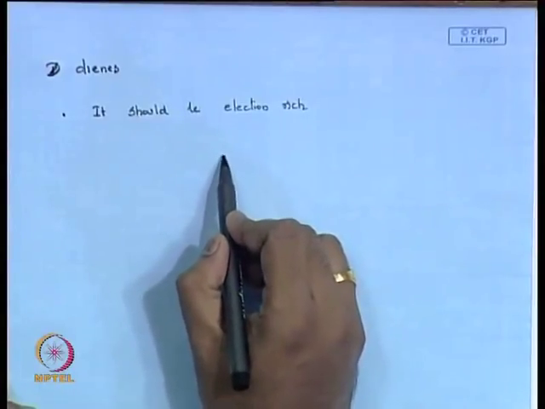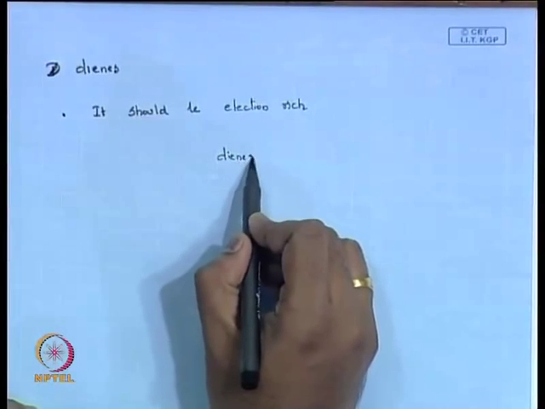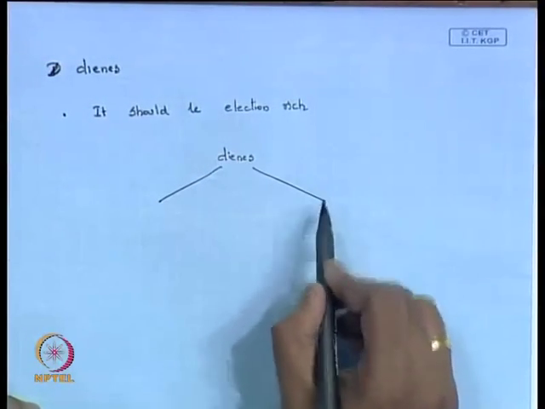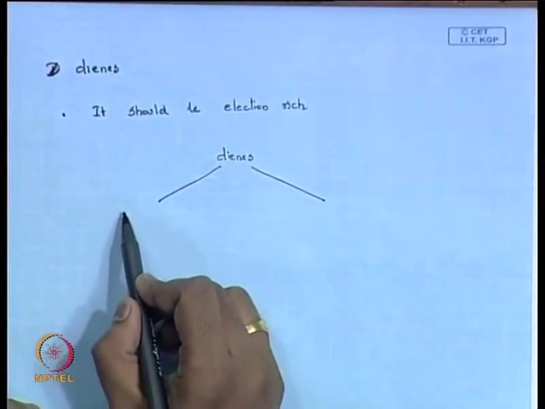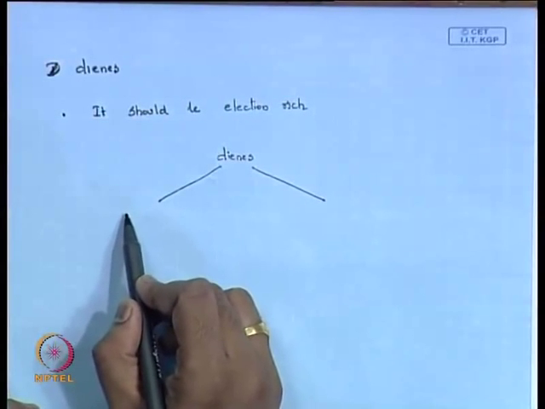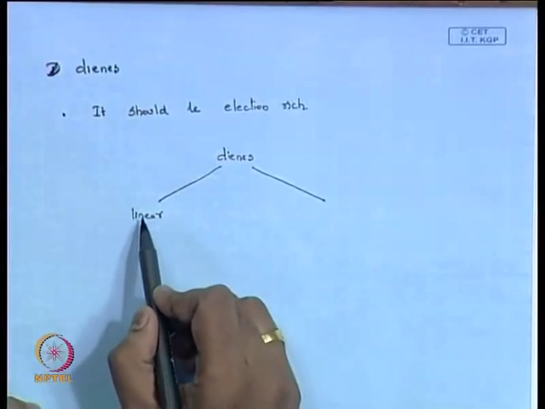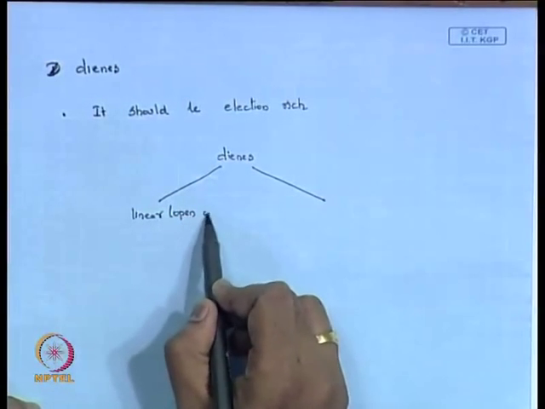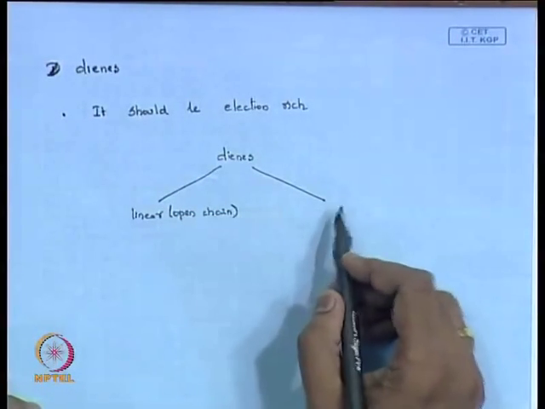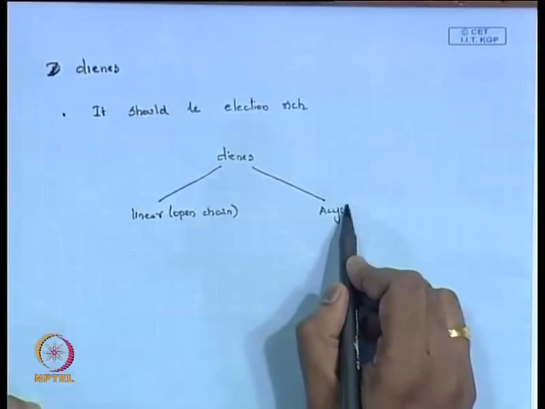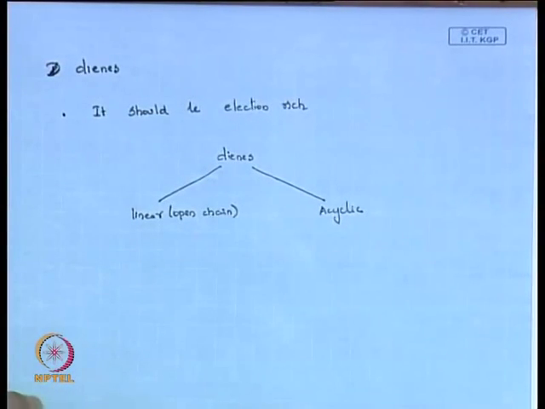The second important thing about a diene is that it should have the perfect geometry to carry out a Diels-Alder reaction. For example, if I take dienes, I can classify them as open chain systems, like linear ones, or acyclic.